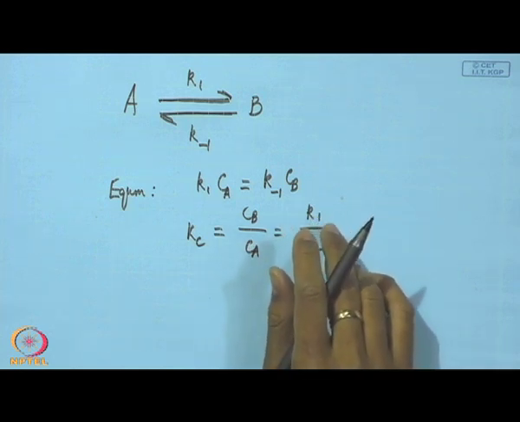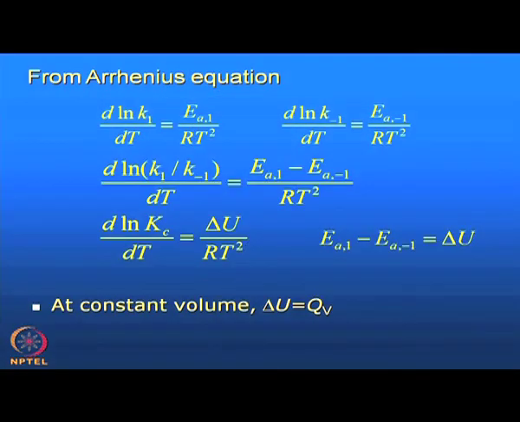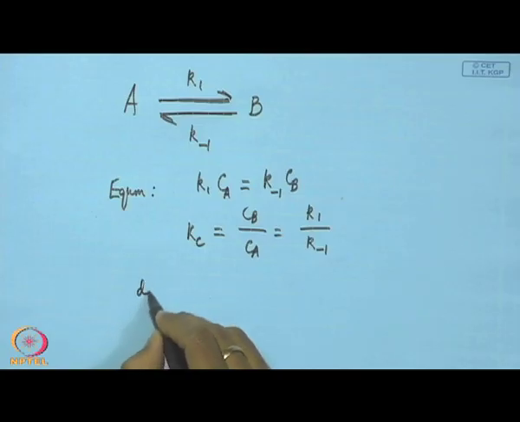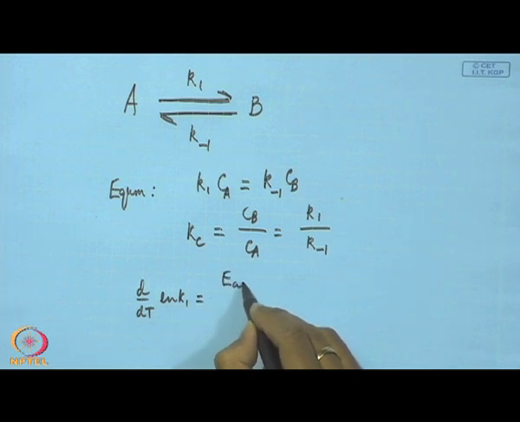Now, let us use the Arrhenius equation for these two processes in two directions. So, d/dT of ln K1, K1 being the rate constant, is equal to EA1 by RT square.